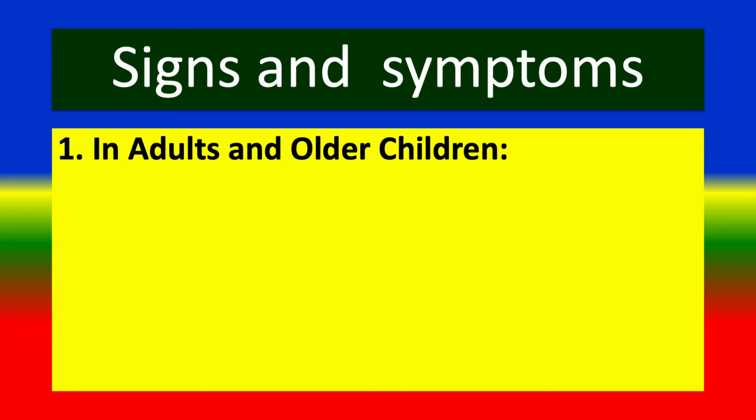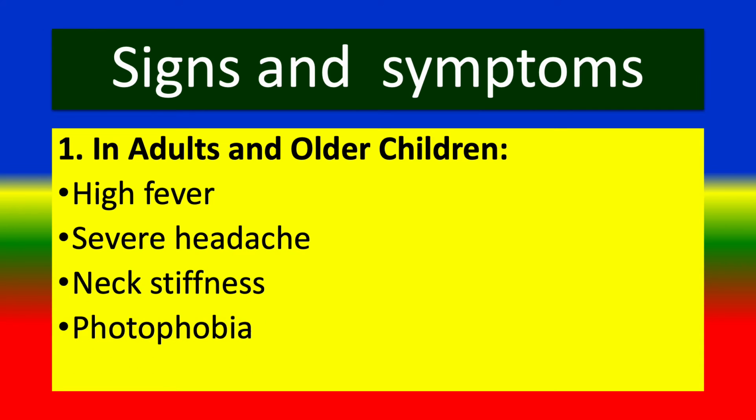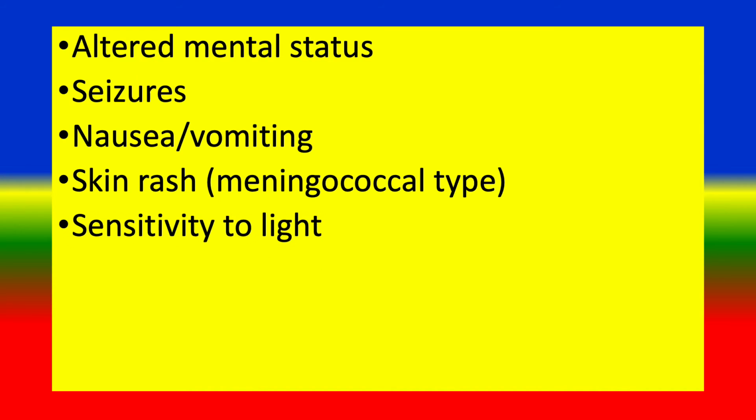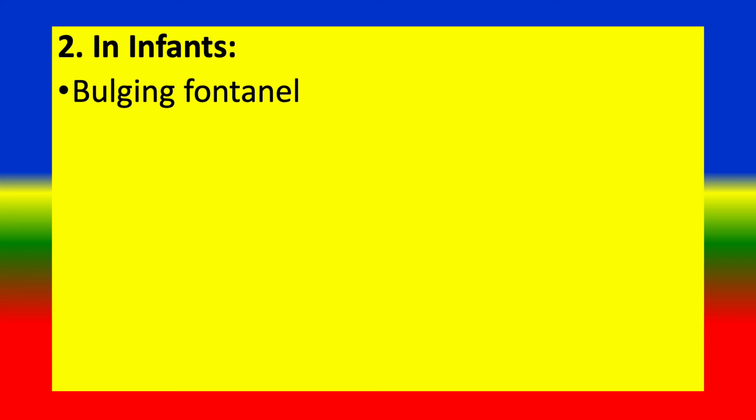Signs and symptoms. 1. In adults and older children: high fever, severe headache, neck stiffness, photophobia, altered mental status, seizures, nausea or vomiting, skin rash, sensitivity to light. 2.